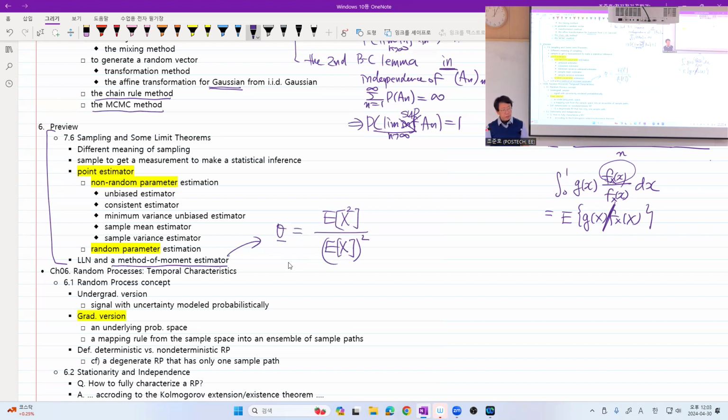Then the method of moment estimator suggests you take the arithmetic mean squared, something like this. Can you see the idea?